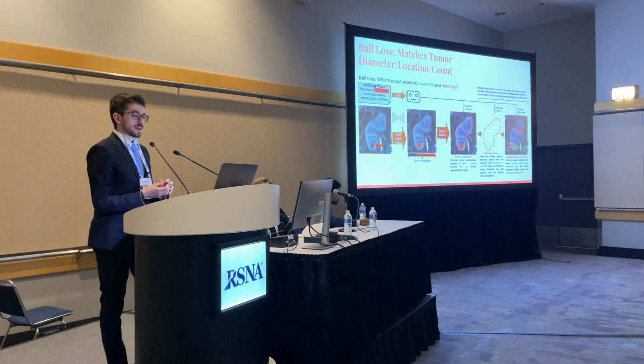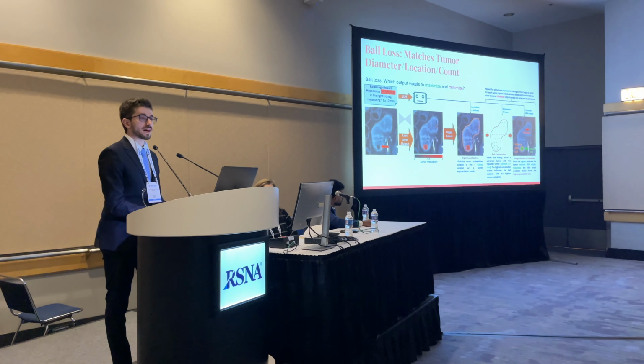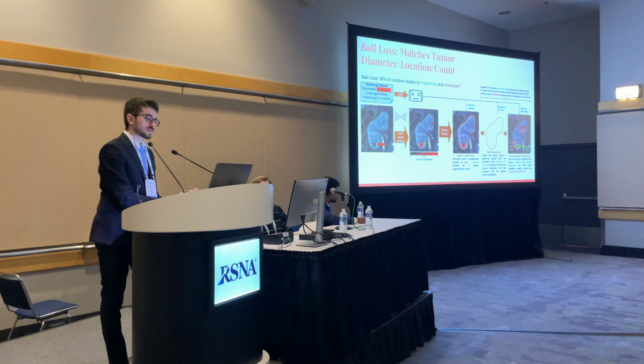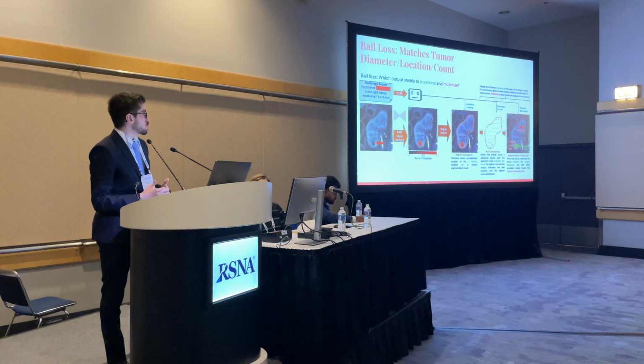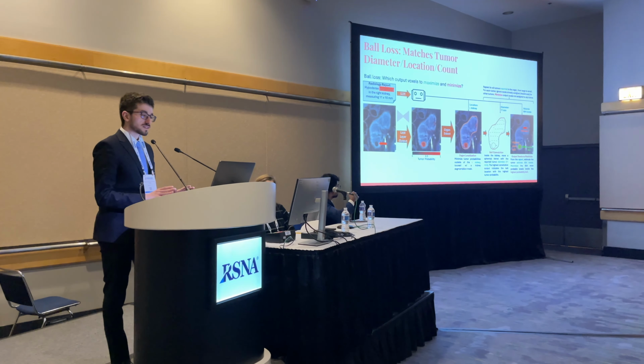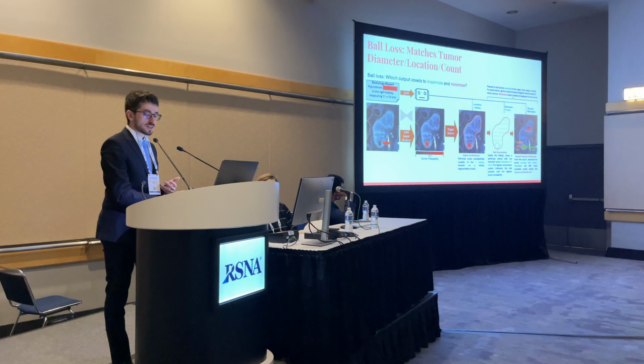Then our loss function maximizes the segmentations inside these most probable tumor locations and minimizes the segmentation outside, which are probable false positives. So in the end, we make the tumor match the size and diameters that we have in the report.